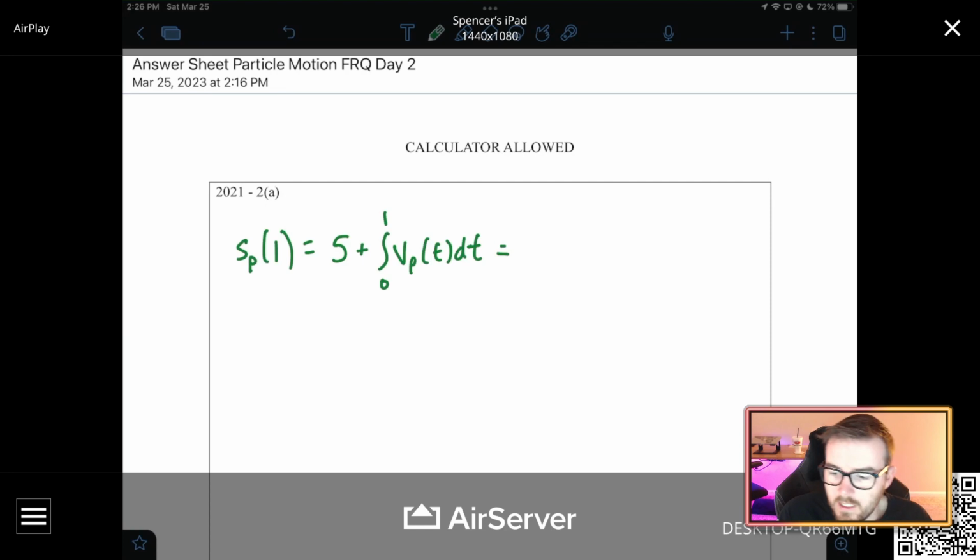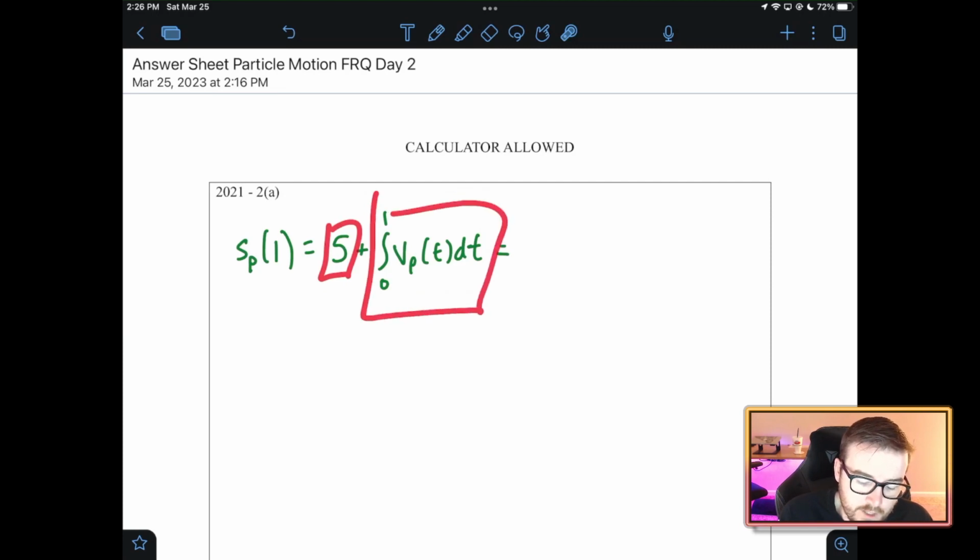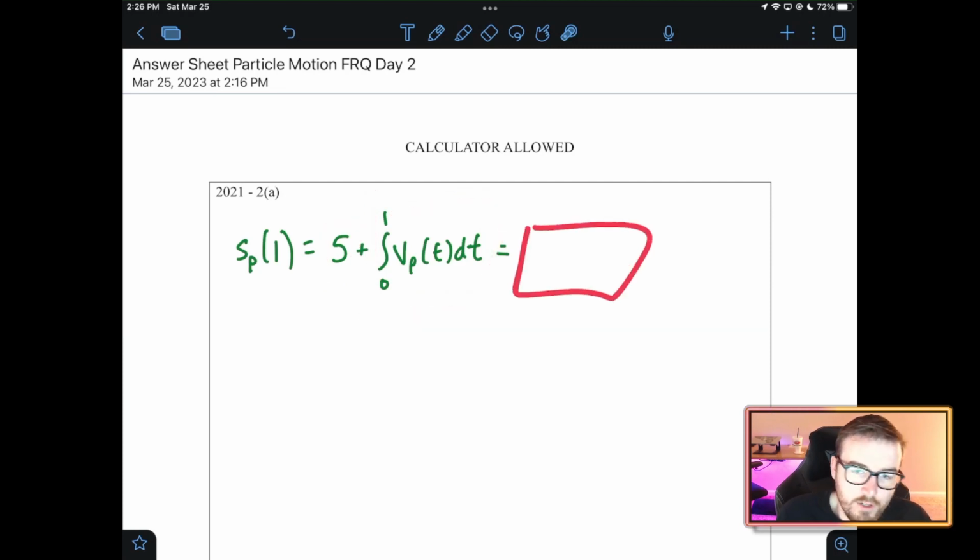And that is going to give us our solution, our position. What is this solving for? This is solving for how far the particle moved, and this is telling us where the particle is already. So the initial condition plus how far the particle moved will give us our new position.